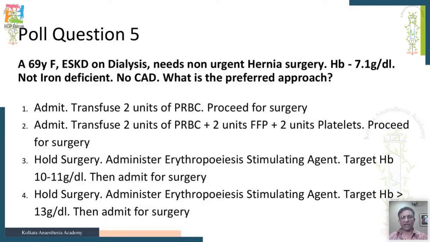Or you say no surgery now, administer the ESAs, target the hemoglobin between 10 and 11 and then admit? Or you say no surgery now, give ESAs, target the hemoglobin greater than 13 and then admit for surgery? So what do you think is the most appropriate response? We'll close the poll in 5, 4, 3, 2, 1, and 0.